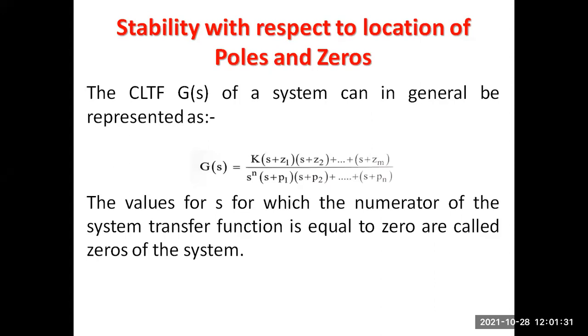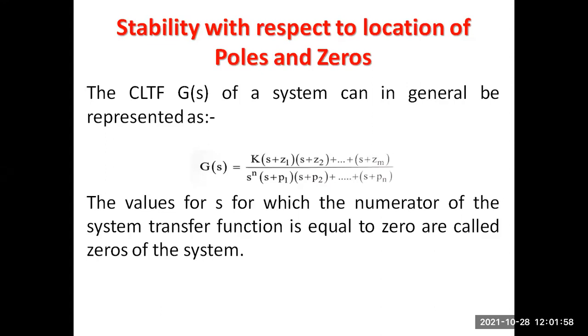Please tell me what is a pole and what is a zero of any control system or transfer function. Poles and zeros come in a transfer function. Can you please tell what are poles and zeros? Sir, the solutions of the denominator are poles and the solutions of the numerator are zeros.